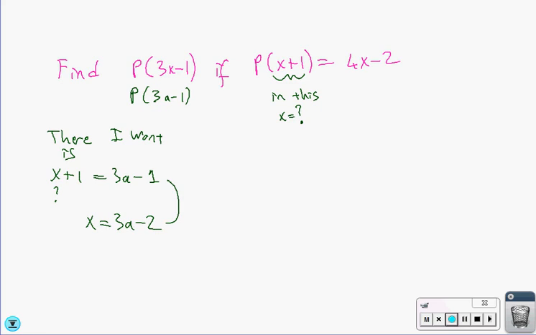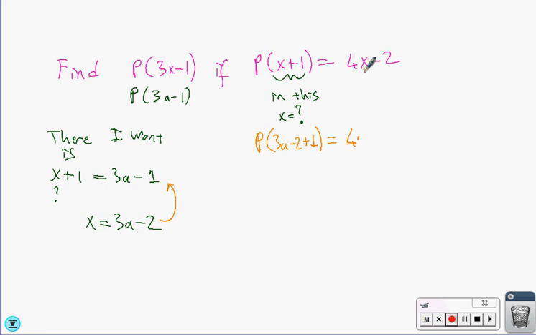Let's show it in another color, for the people who watch. When you make the change, this expression will be inside the parentheses: instead of x, put 3a minus 2. Then there is another plus 1.